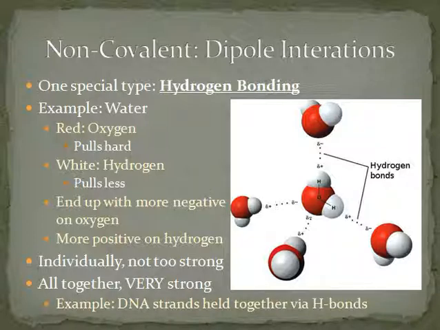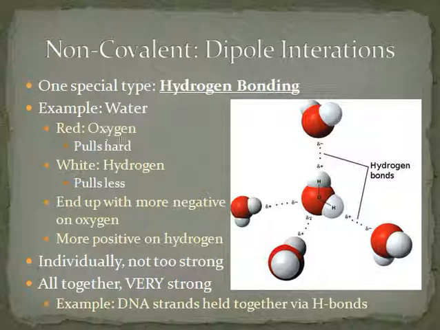Now, there's a special type of dipole interaction called hydrogen bonding. Now, it's called hydrogen bonding because, as you can probably guess, it involves hydrogen. So this is sort of like what we saw before in our example of water.